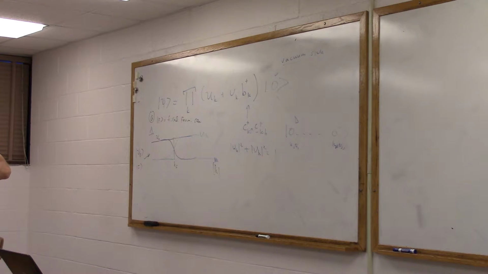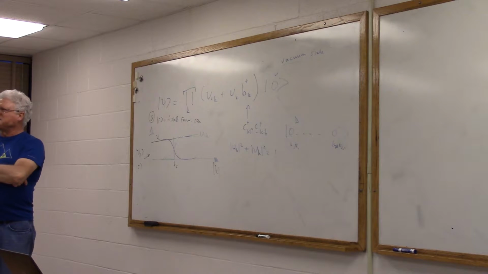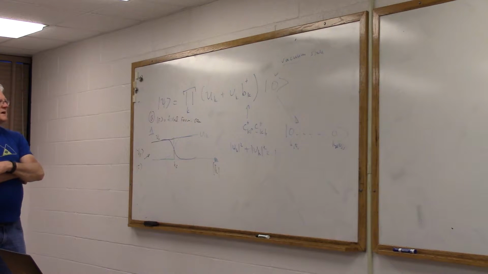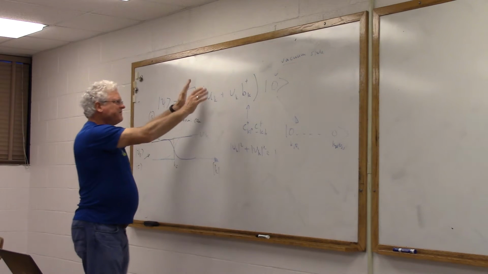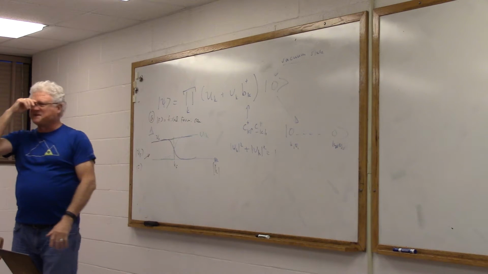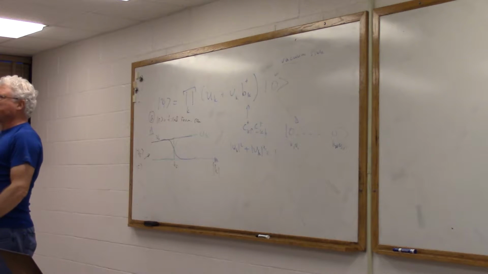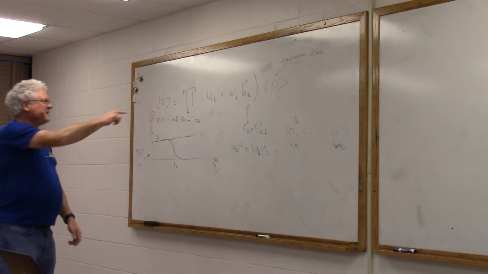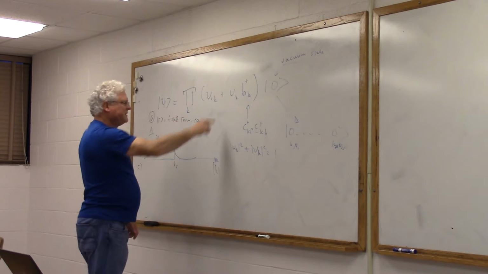There are a lot of things that come out of the BCS theory that would take a much more advanced class to get into the details. But conceptually, in the original BCS theory, this is going to be our trial wave function, our trial ground state. And then we take a variation and set that variation equal to 0. It's like a max-min problem to figure out, okay, what do these guys have to be right here?